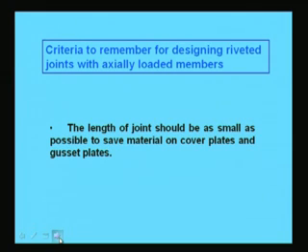Now, here we will see the criteria to remember for designing riveted joints with axially loaded members. First is how to select the diameter of a rivet. This can be selected through an approximate formula, that d is equal to 6.04 root over t, or 6 root over t.